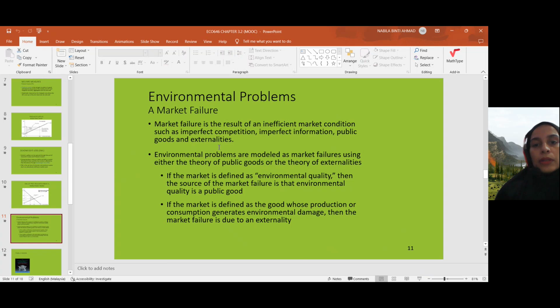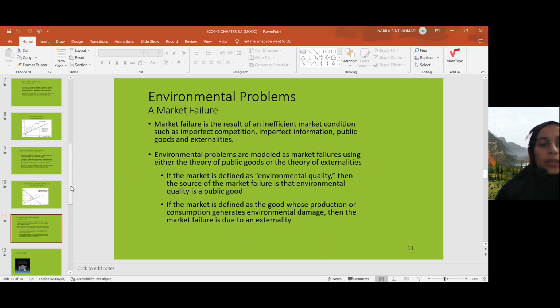So environmental problems can be modeled as market failure, using the theory that has already been developed: the theory of public goods and the theory of externalities. If the market is defined as environmental quality, then the source of the market failure is that environmental quality is a public good. And if the market is defined as the good whose production or consumption generates environmental damage, then the market failure is due to an externality.